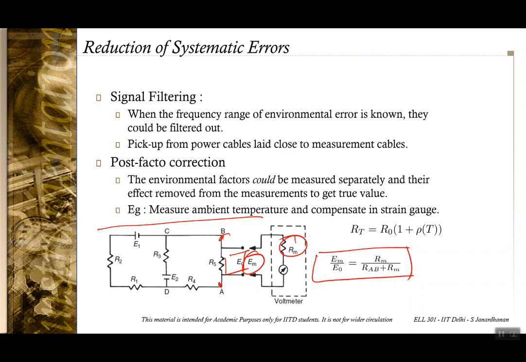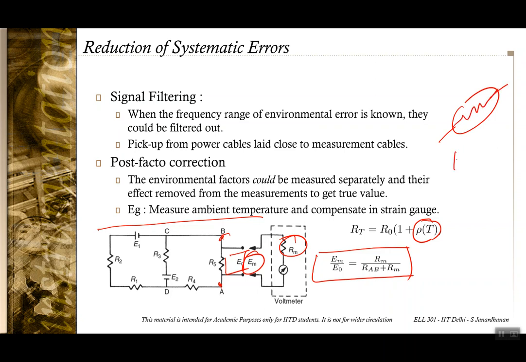On the other hand, let us say you have a strain gauge. If you have a resistance whose value at the ambient temperature has to be found out, and you know that it has a temperature coefficient of resistance rho of T. So you have a strain gauge.